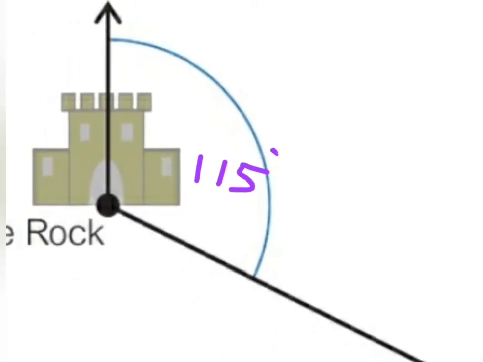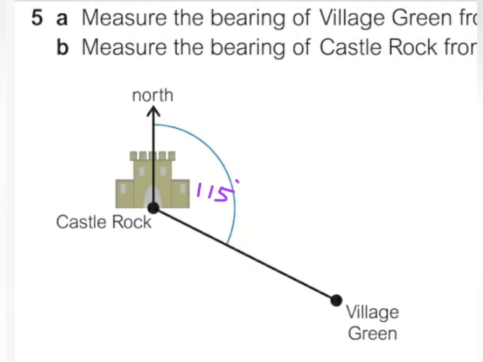Okay, good. Now I want to find the bearing from Village Green, which is question B. Now there are 2 ways to do that.